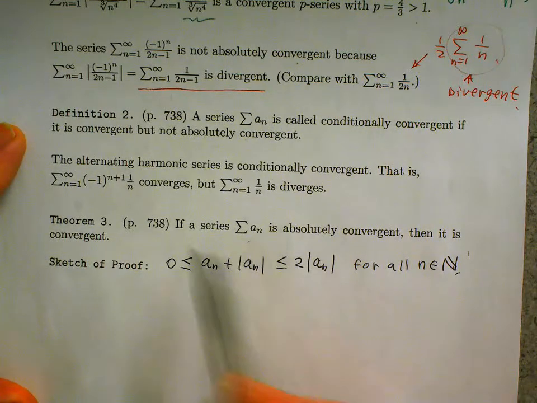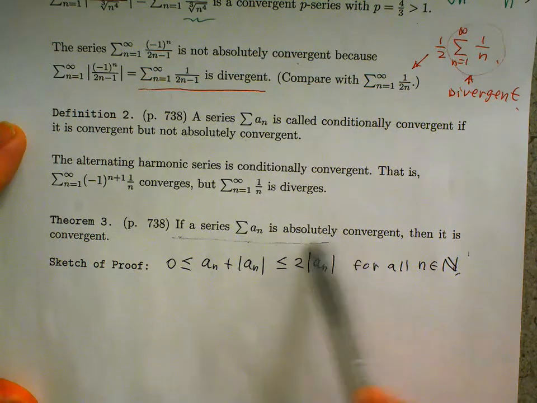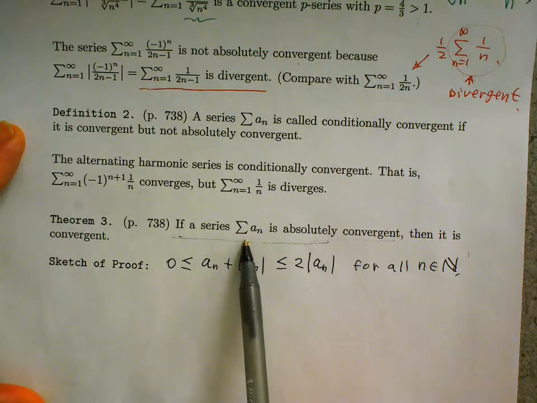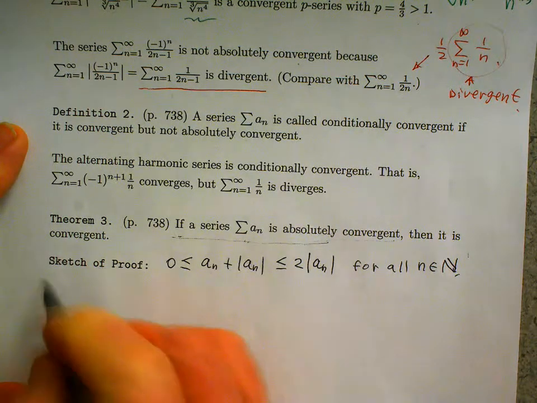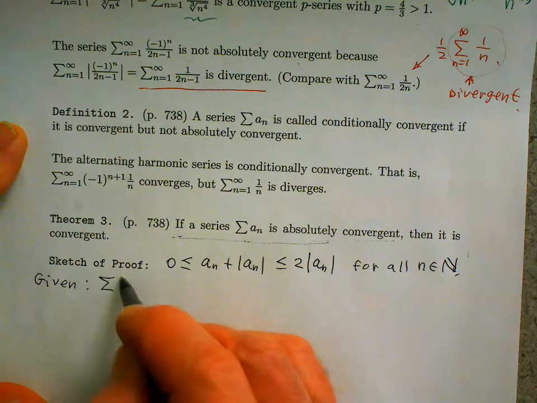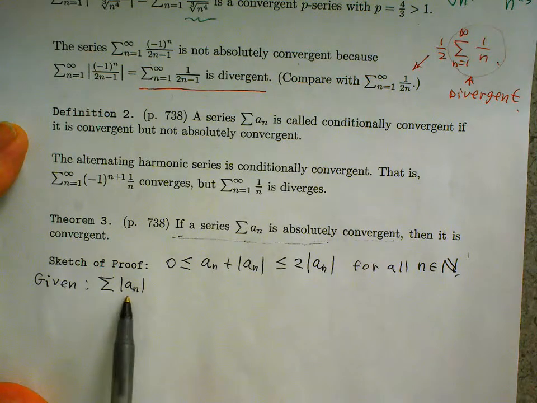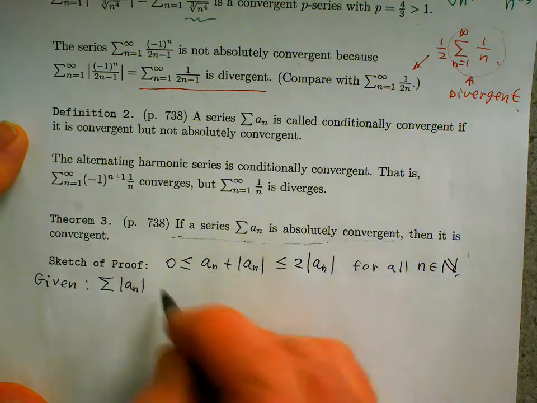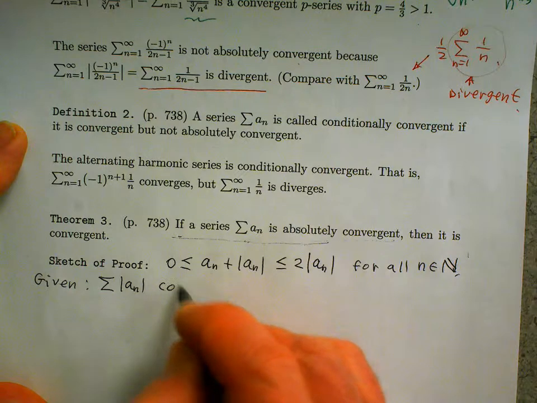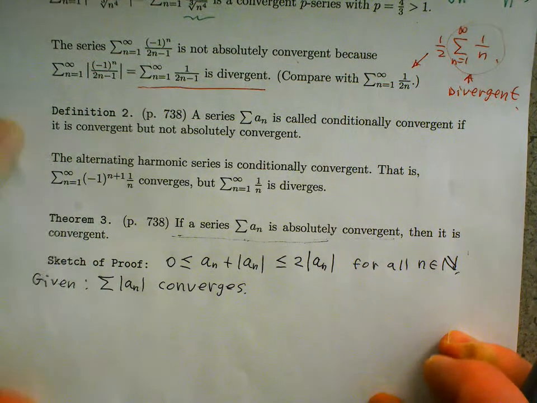Okay, the hypothesis of the theorem, that's what's given. We're given that the series is absolutely convergent. So we're given that the series of the absolute value of the terms converges.